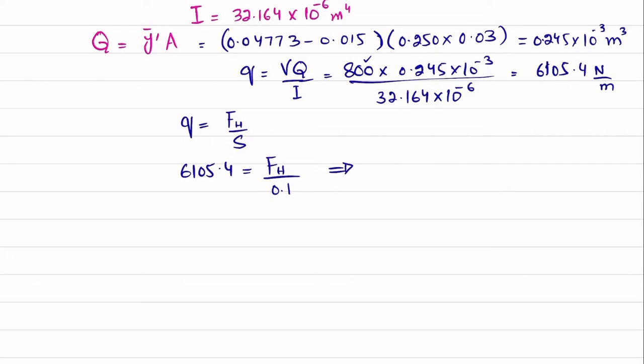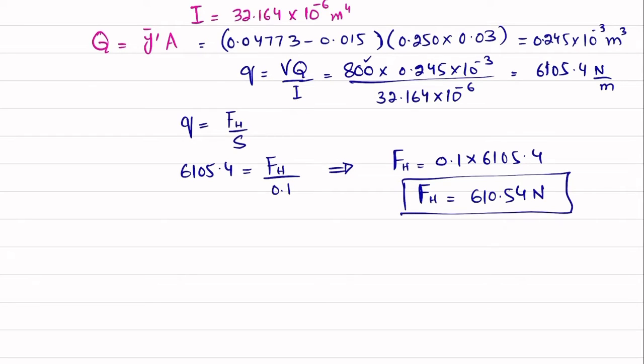So from here you will get horizontal shear force equal to 0.1 multiplied by 6105.4, and we will get horizontal shear force equal to 610.54 Newton.